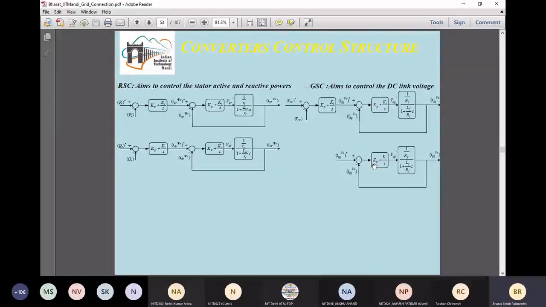Now please also see that on the right hand side there are two control loops. These control loops are for the grid side converter or the line side converter.